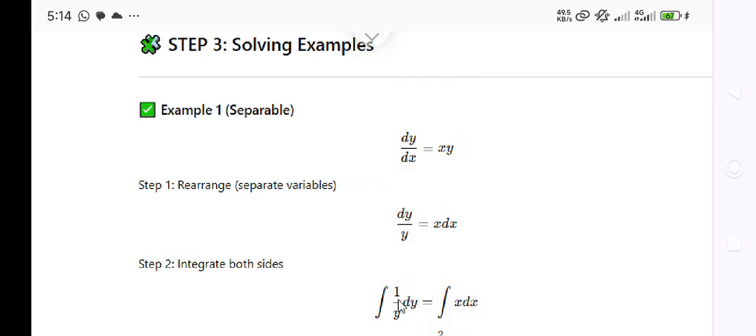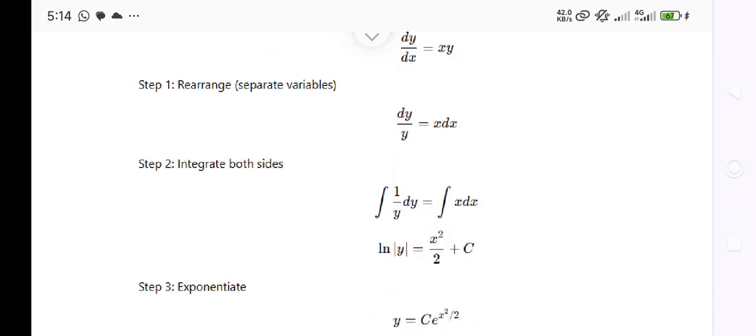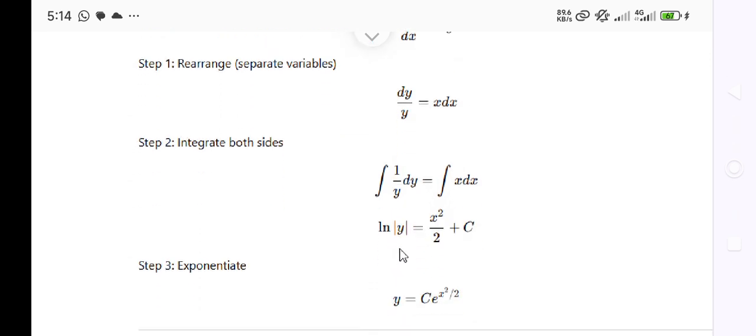If you integrate 1 over y, from a mathematical standpoint, you are going to have ln y equals x is raised to the power 1, add 1 to the power, 2, divided by 2. You have x squared over 2. Then you must add a constant. The constant is not added to this side though, it is added to this side.